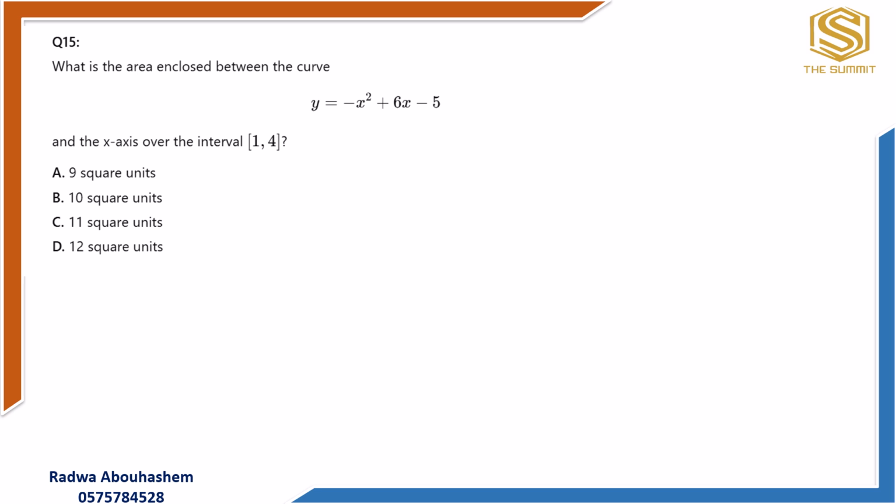What is the area enclosed between the curve and the x-axis? This means I have to take the integration. So it would be here, negative x power 3 over 3 plus 6x power 2 over 2 minus 5x. Let's simplify first. So it would be negative x power 3 over 3 plus 3x power 2 minus 5x.